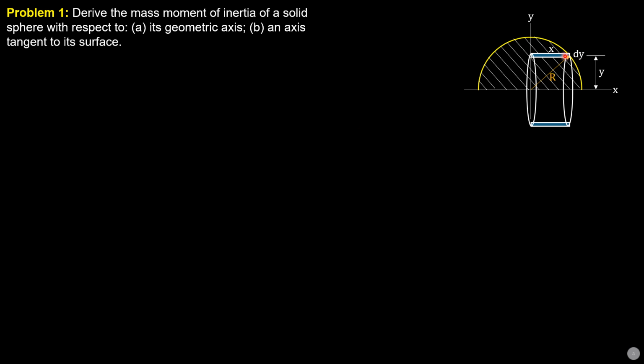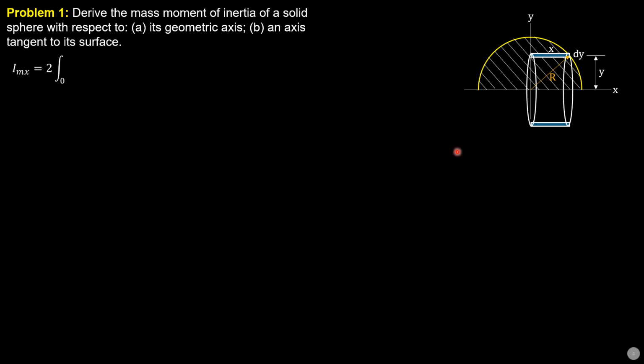Because this is a rectangular plate, the length of the plate is the circumference 2 pi y, the height or length is x, and the thickness is dy.